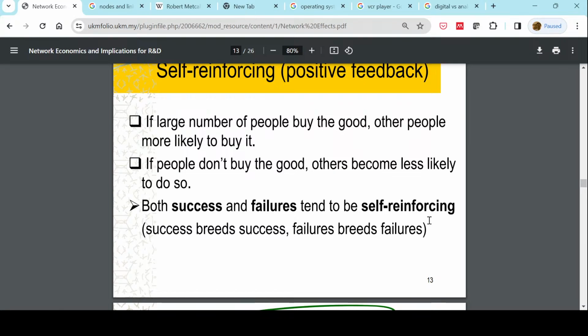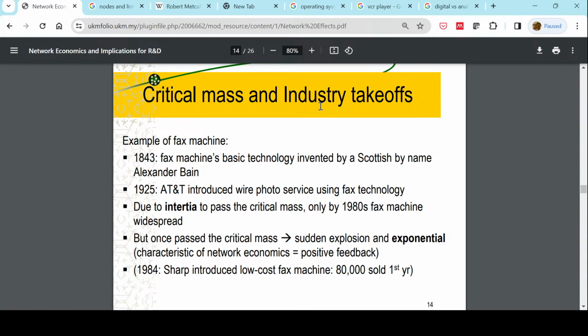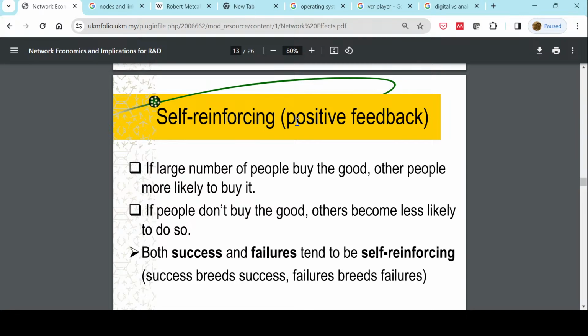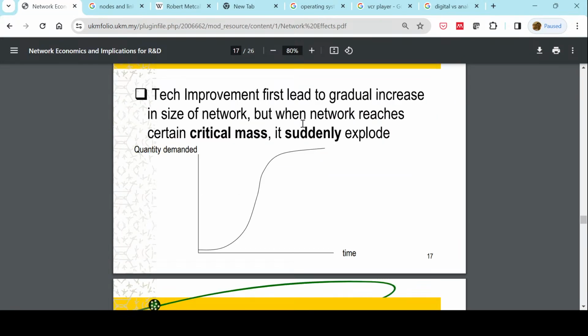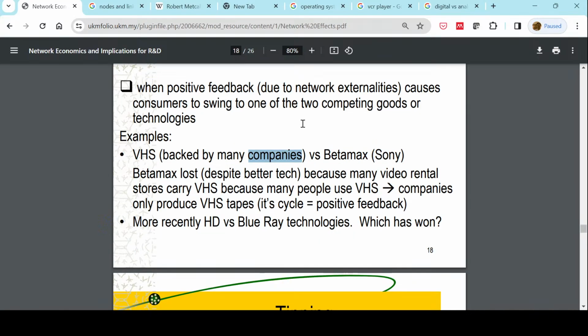Self-reinforcing. Positive feedback for VHS players and tapes. On the other hand, negative feedback for Sony players and Sony Betamax tape. Oh, I'm going to have to quickly finish this one.